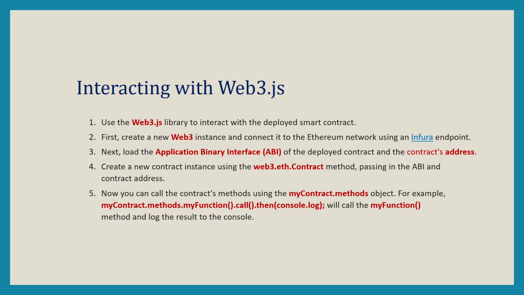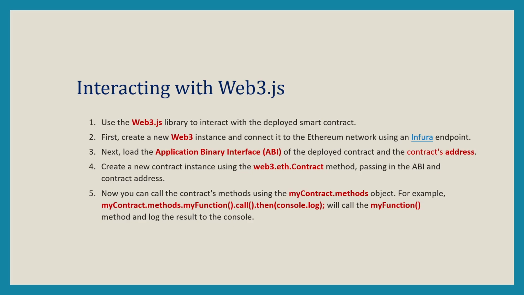Next, you load the application binary interface of the deployed contract and the contract's address, right? You have to load the ABI with the contract's address. Next, you create a new contract instance using the web3.eth.contract method, passing in the ABI and contract address. And finally, you can now call the contract's methods using the myContract.methods object.